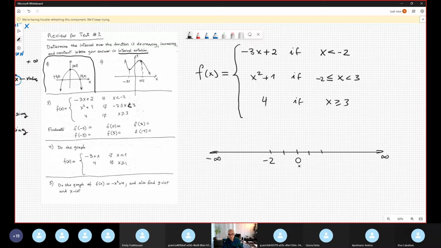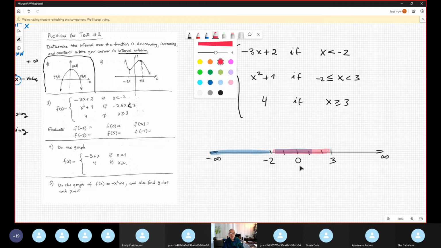In 3, 1, 2, 3, we have another transition. Okay, so let me use 3 different colors, maybe blue, maybe red, and green. I don't know, I like color, no? So if you don't like it, no problem. When you have practice, you don't need the color.